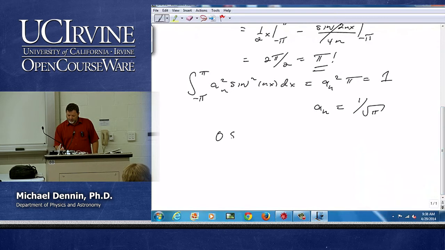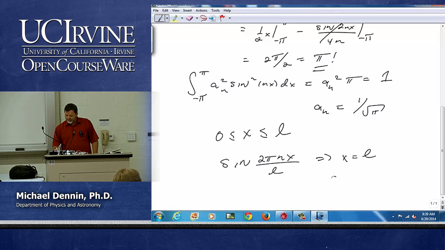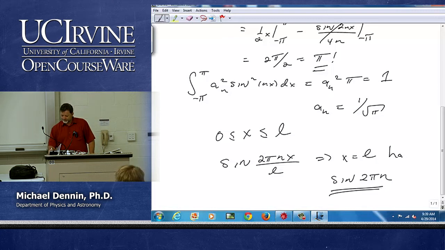If my interval is 0 less than or equal to x less than or equal to L, then my function that is periodic is sine 2 pi nx over L, because when x equals L, I have the sine of 2 pi n, which is what I want.